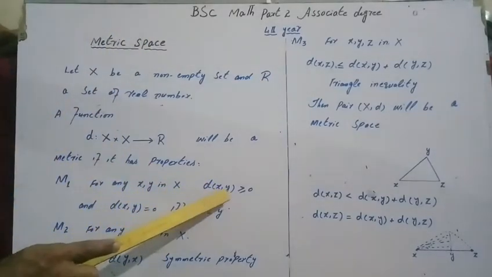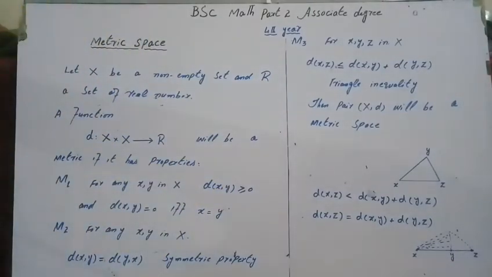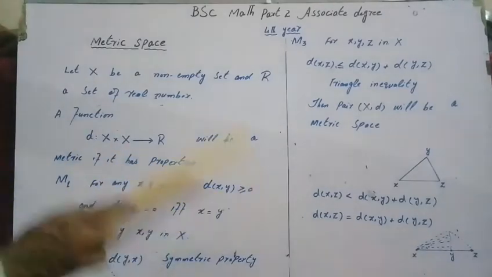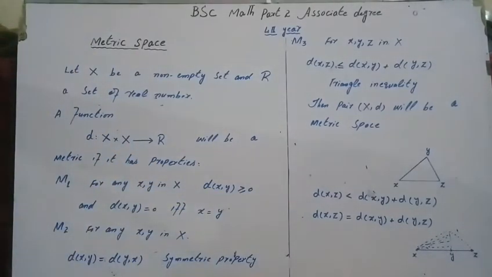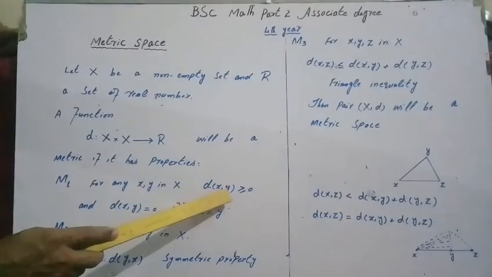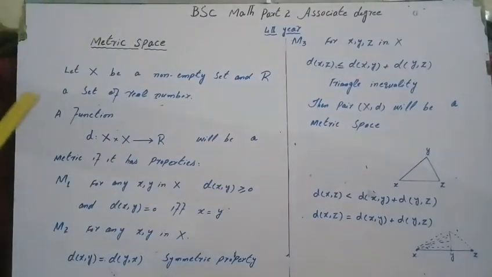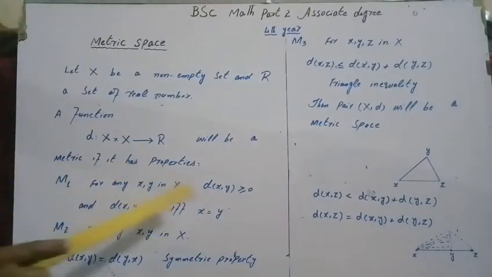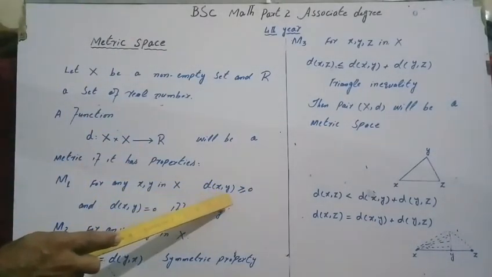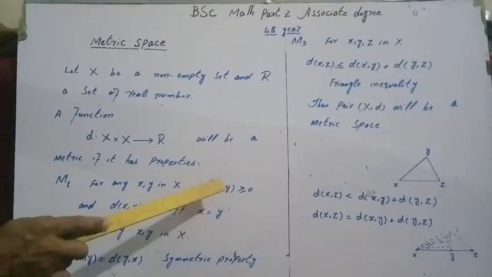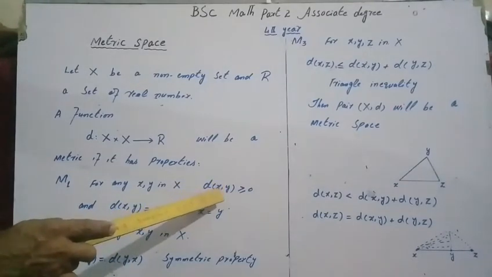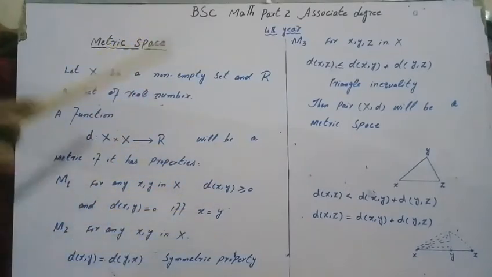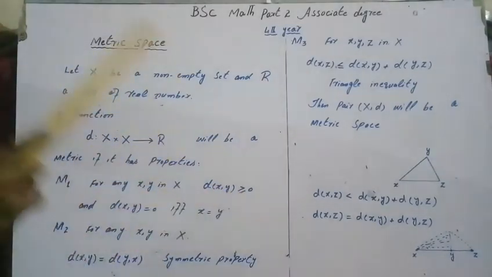If both x and y are equal, then the distance between x and y will be 0. So here are two conditions. If x and y are not equal, then the distance between these two points will be greater than 0. And if x and y are equal, then the distance between a point and itself will always be 0.